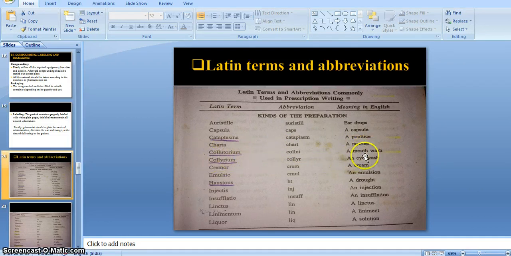Colutorium is mouthwash. Collyrium is eye wash. Cremor is a cream. Emulsio is an emulsion.